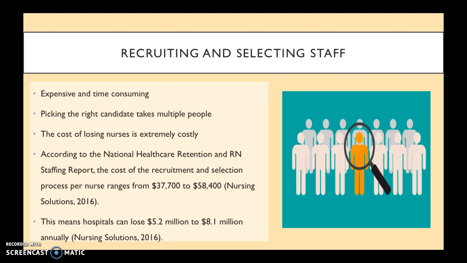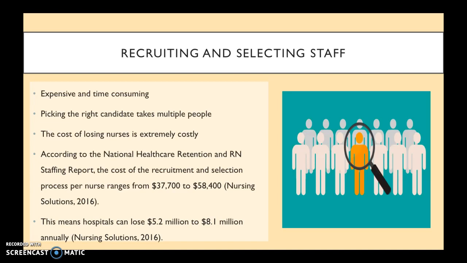There are direct costs that come with selecting and training an employee who must later be terminated because of unsatisfactory work. According to the National Healthcare Retention and RN Staffing Report, the cost of the recruitment and selection process per nurse ranges from $37,700 to $58,400.